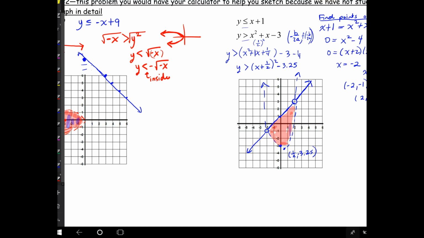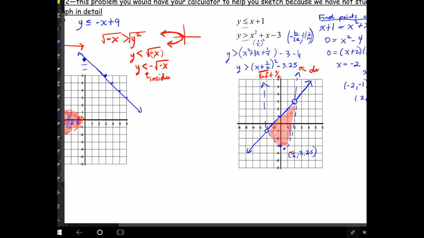I have the right region shaded. Nate, so our vertex is negative 1/2, 3.25. Sorry. Oh wait, no, you have it written right. I just moved it wrong. Yeah, you're right. Left 1/2, down 3 1/4.